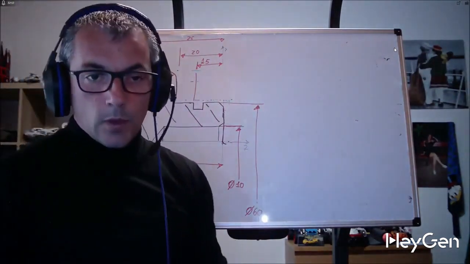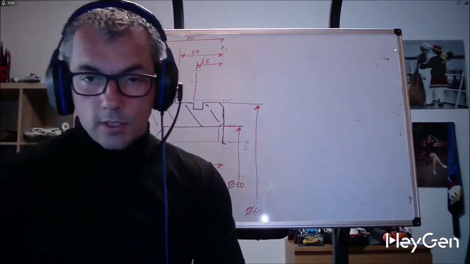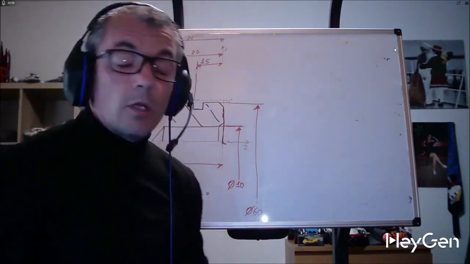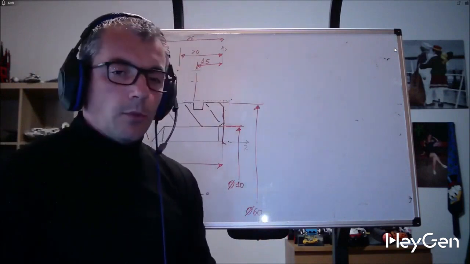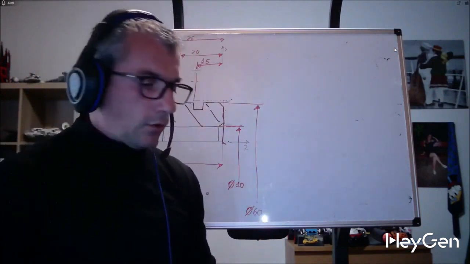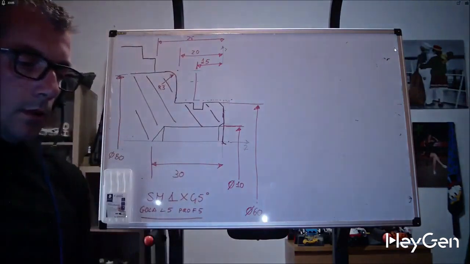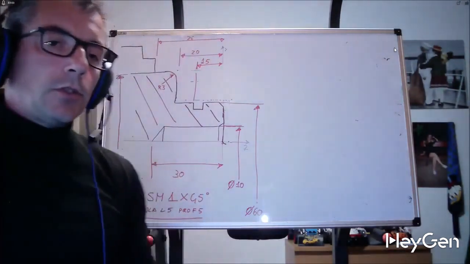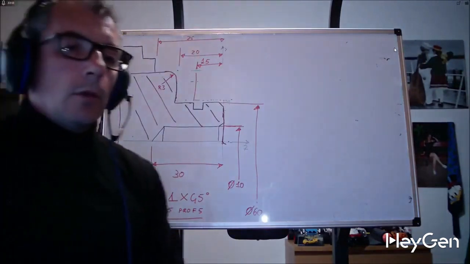Fixed cycles are those that allow us to avoid writing 20 or 30 blocks. I won't go into much detail about G33 because you will see that in practice it is almost useless, or at least it has always been for me. Then again, something is useless until you need it.